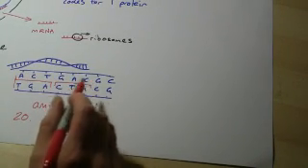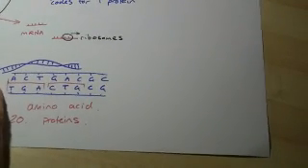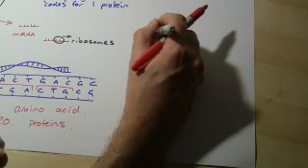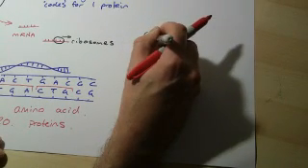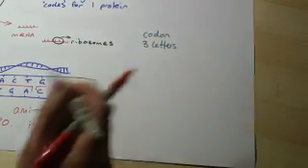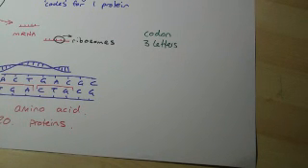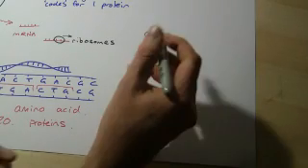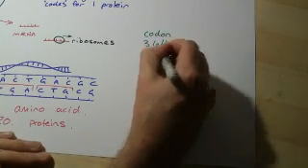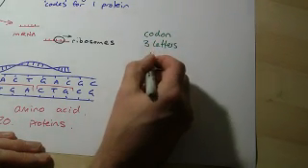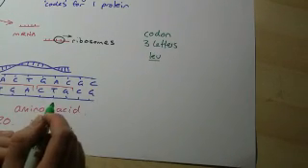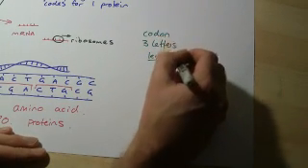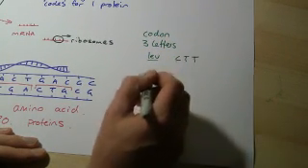Each 3 letters, or each codon as they're called, of the DNA code gives you the code for one particular amino acid. So for example, I'll give you a few examples, you won't need to remember these. There is an amino acid called leucine. Usually they're shown by just writing the first 3 letters. The code for leucine would be CTT.